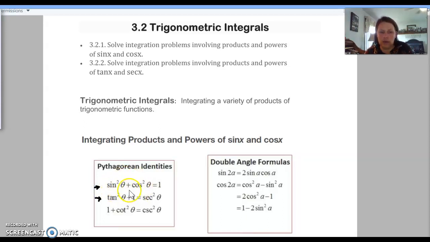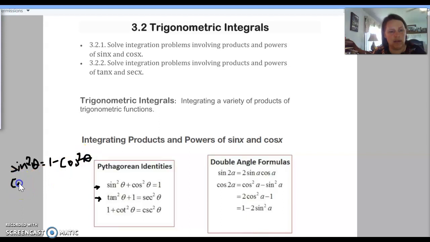The way that we're mostly going to use these is in the form of sine squared theta is equal to 1 minus cosine squared theta, and cosine squared theta is equal to 1 minus sine squared theta. That's how we're going to use these top two mostly.